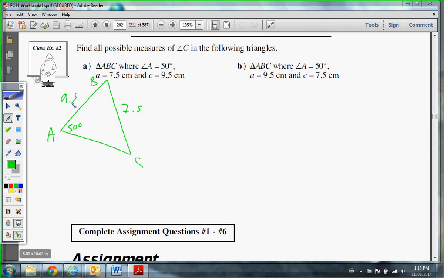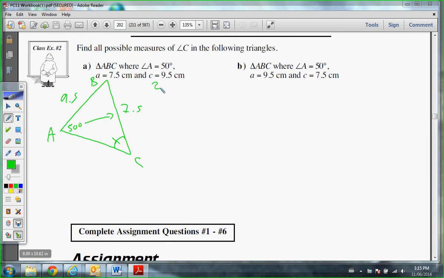Find all possible measures of angle C. First off, we ask ourselves, are we expecting one answer or two answers? 50 makes 7.5, and my other side makes 9.5, so it's going to be a bigger angle. So we're expecting two answers.